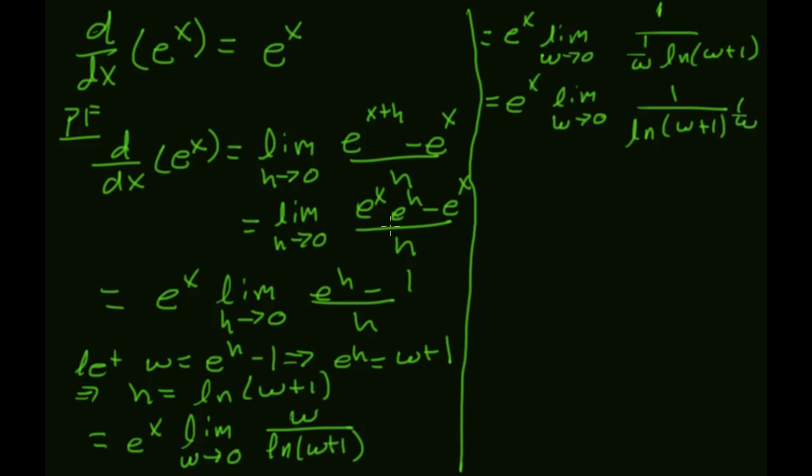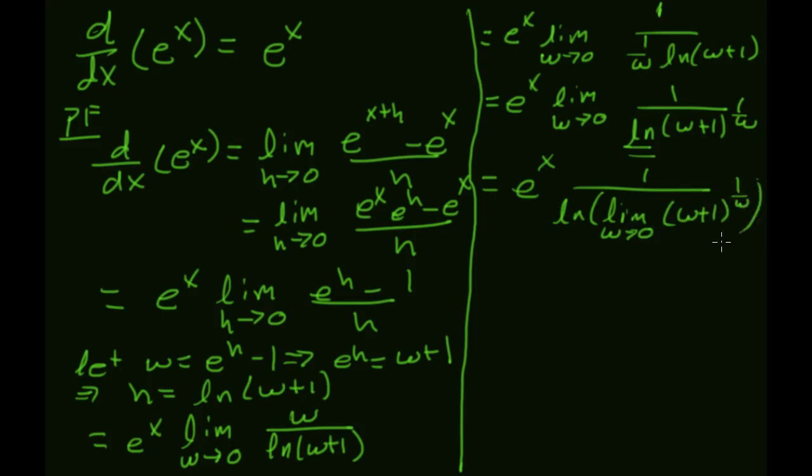The natural log is a continuous function, so I can bring that limit inside. This is going to be e to the x times 1 over the natural log of the limit as w approaches 0 of (w plus 1) to the 1 over w.